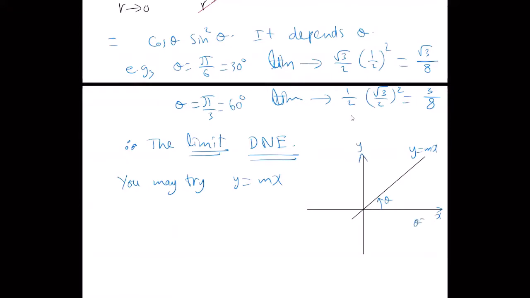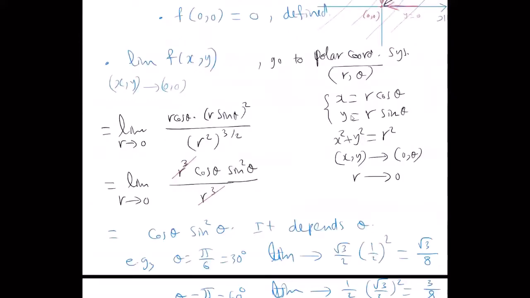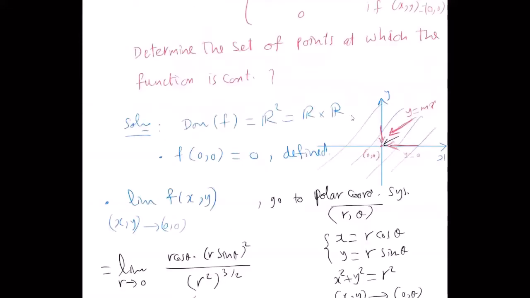Here theta is 0, here theta is pi over 2. But they didn't verify the inequality between the x and y-axis, while other lines show that. If it depends, it would depend on m, but sometimes this polar transformation makes it easier.